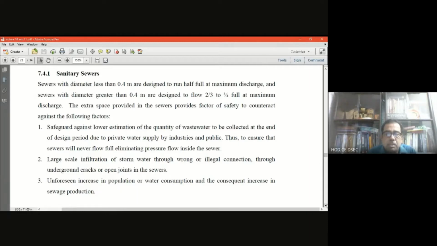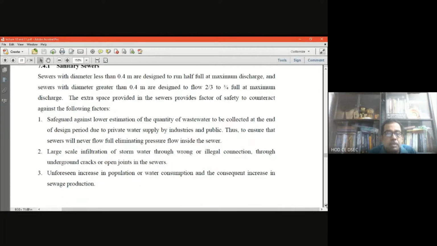So rainwater can also enter the sewer pipe, and that cushion has been taken for it. That's why we have taken the partial flow, not the full flow. And unforeseen increase in population will increase water consumption, and a consequent increase in sewage production may also take place. For that, we are taking that cushion.